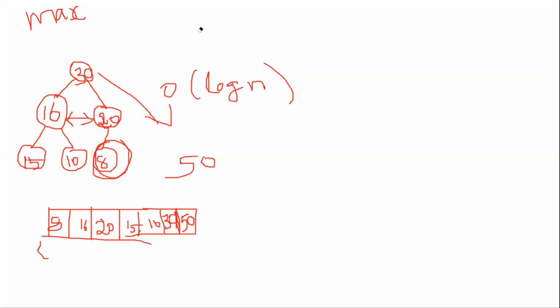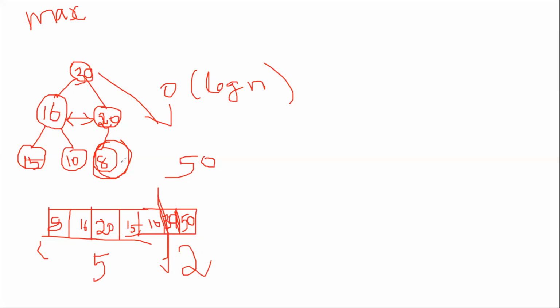Now the size of the heap is what? 1, 2, 3, 4, 5 elements. Vacant created is 2 spaces. But in that vacancy, I don't want to leave it; I am simply placing the deleted element there.